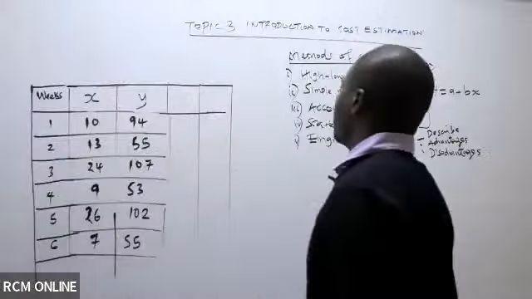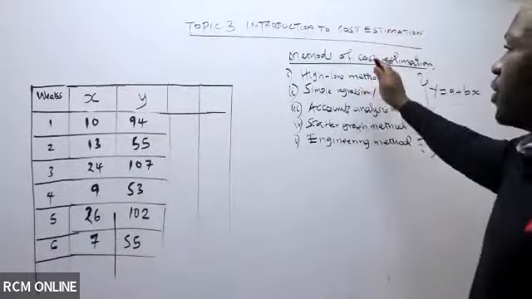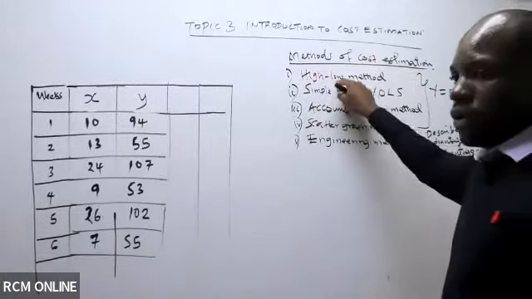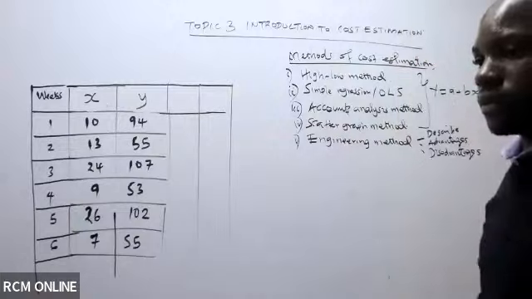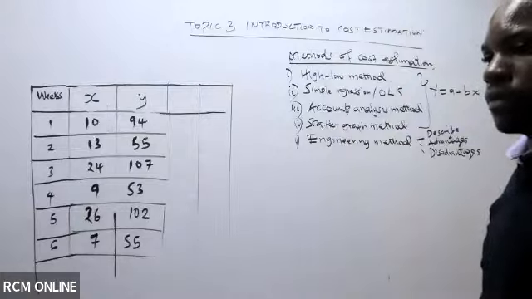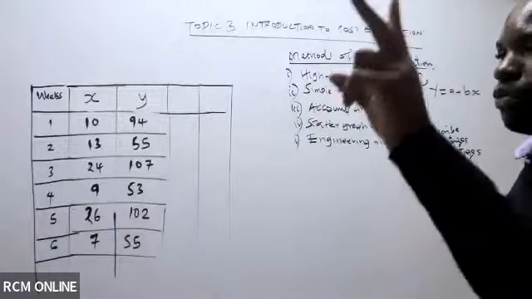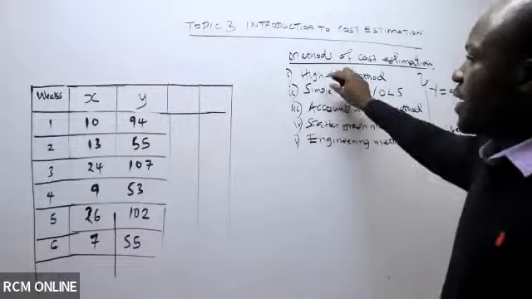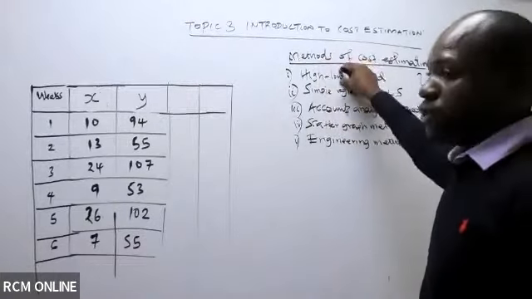Good. Now, let's start with the first method, the high-low method. From the words high and low, we are going to pick two pairs of coordinates, the highest values pair and the lowest values pair.